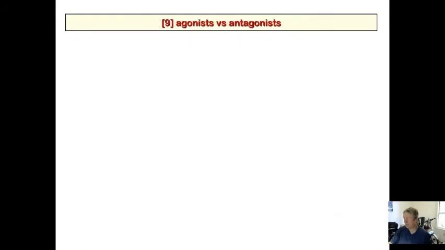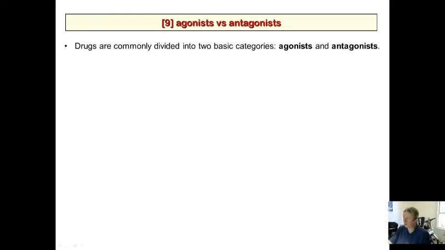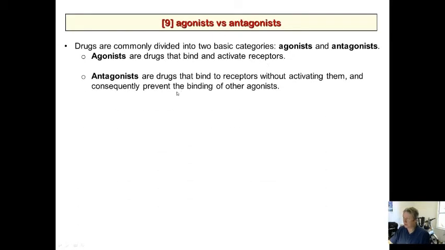Agonists versus antagonists. We've already discussed this many times. Let's quickly go through it again. Drugs are commonly divided into two basic categories, agonists and antagonists. Agonists are drugs that bind to and activate receptors. Antagonists bind without activating them, and they consequently prevent the binding of other agonists.